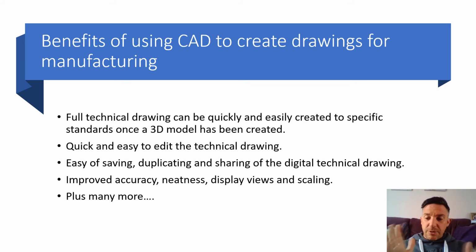So another great benefit is that CAD is going to create digital drawings, which means that when you want to reproduce those drawings, you want to print 1 million copies off, you will not get any loss in quality. Have you ever photocopied a hand drawing and then photocopied the photocopy and photocopied the photocopy?